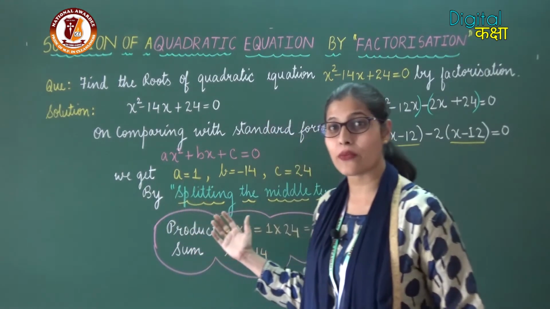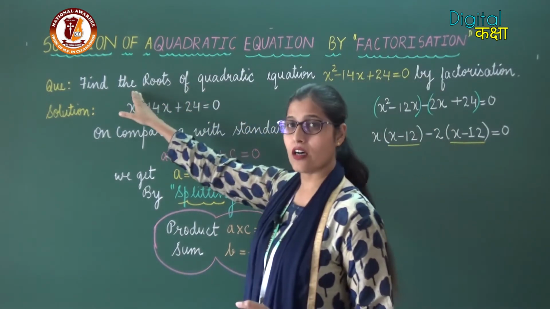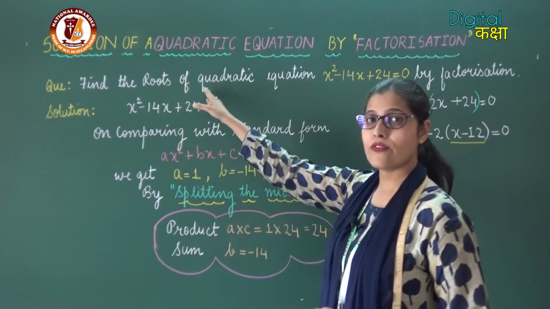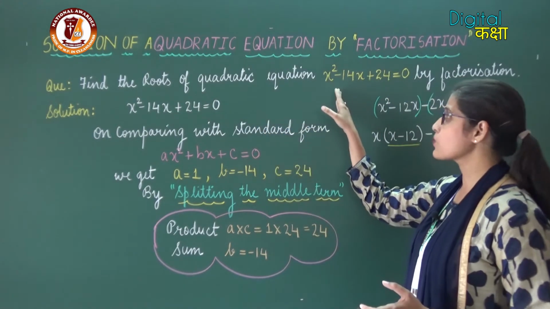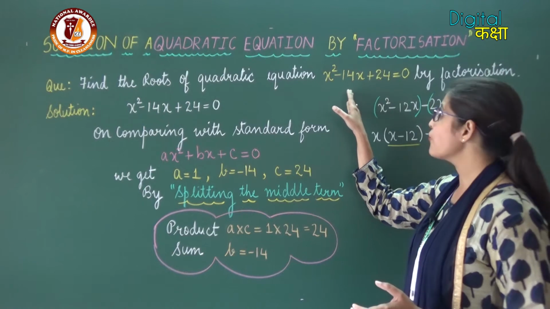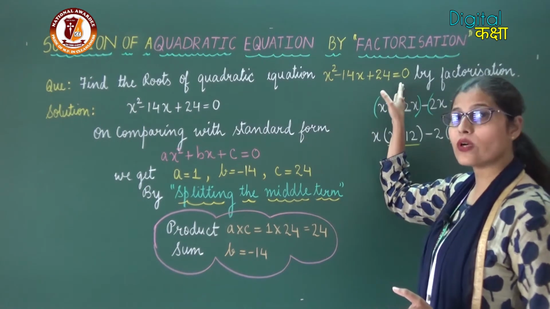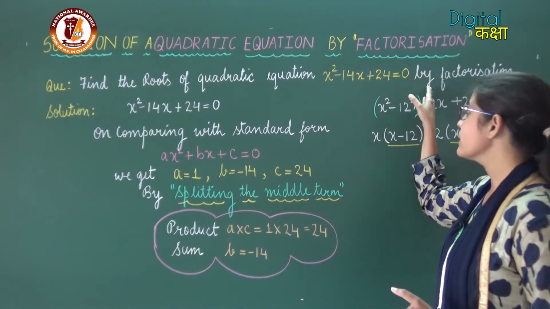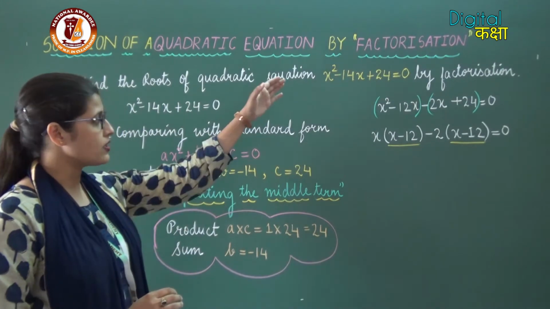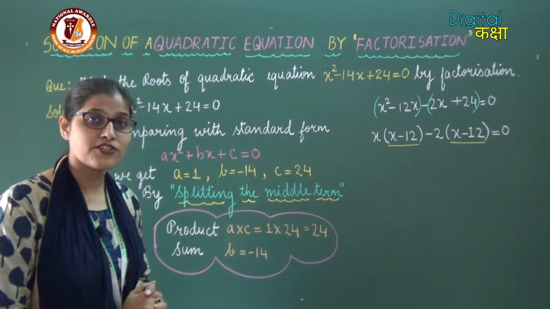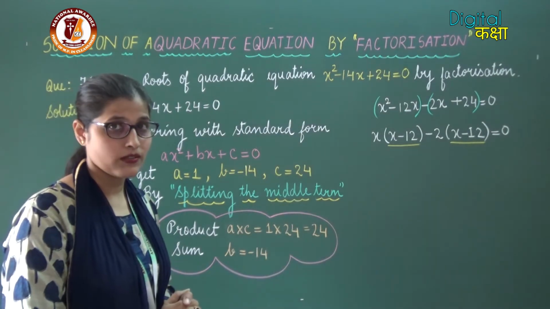Let us read the question. The question is, find the roots of the quadratic equation x square minus 14x plus 24 equals to 0 by factorization. As you can see the given equation, we have to first check whether it is in the standard form or not.